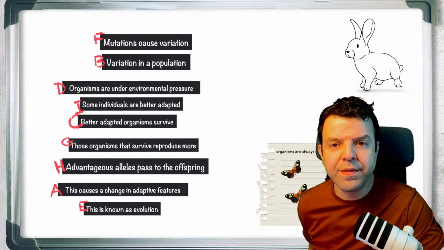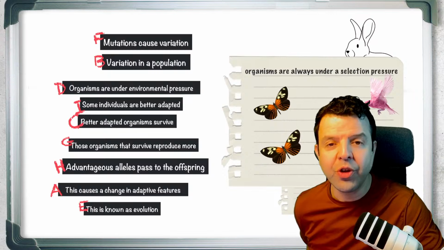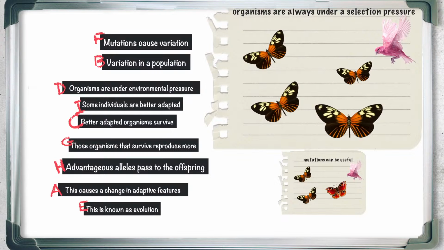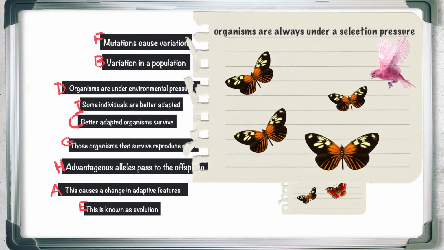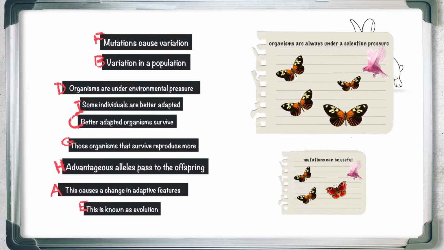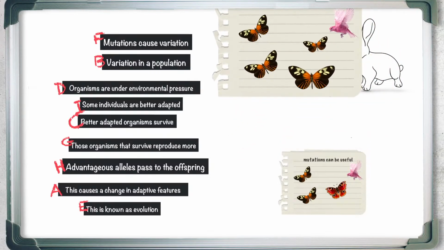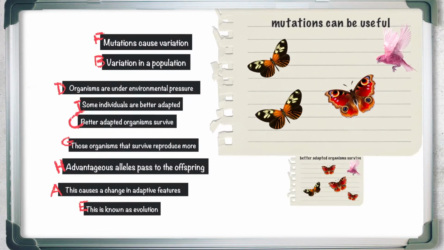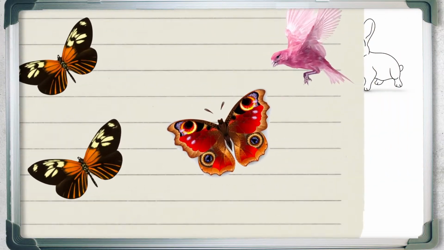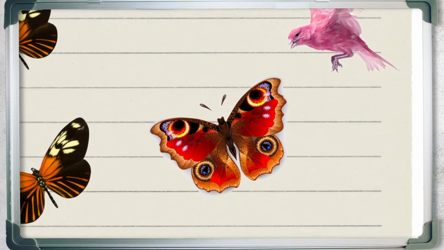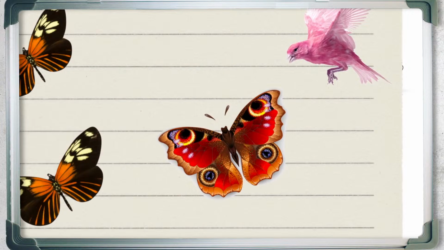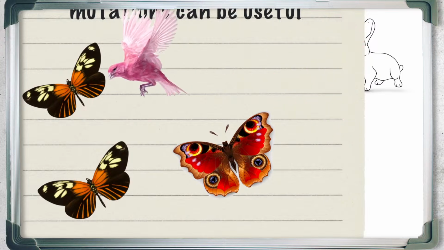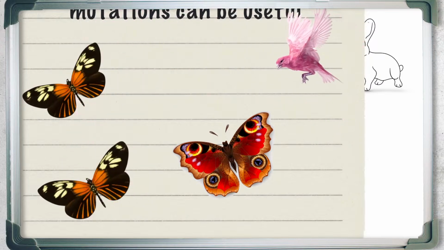So I'm gonna repeat this one last time. First event is there's always selection pressure. Check those butterflies. That bird is eating them non-stop. A mutation happened here, and guess who was born? There was some unusual butterfly born here. It was born with those spots, and those spots look like the eyes of an owl. So that bird here is scared of this butterfly, but it eats the rest. Okay, so again, this is very unusual.